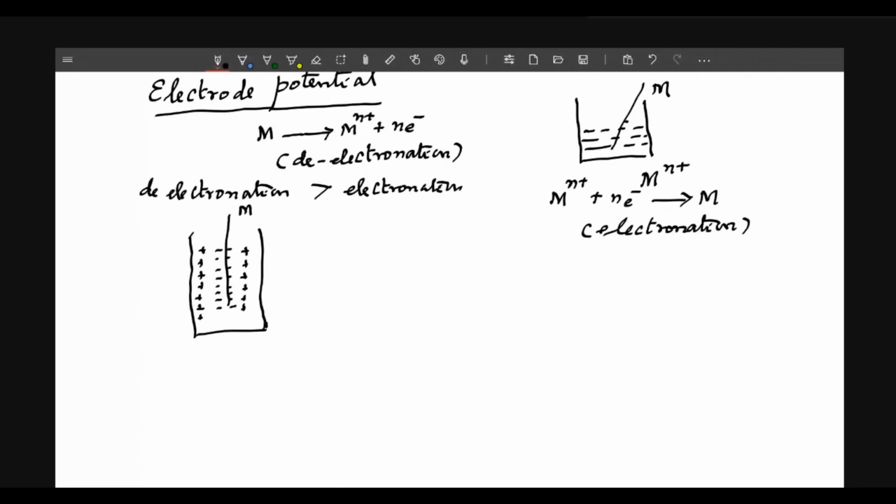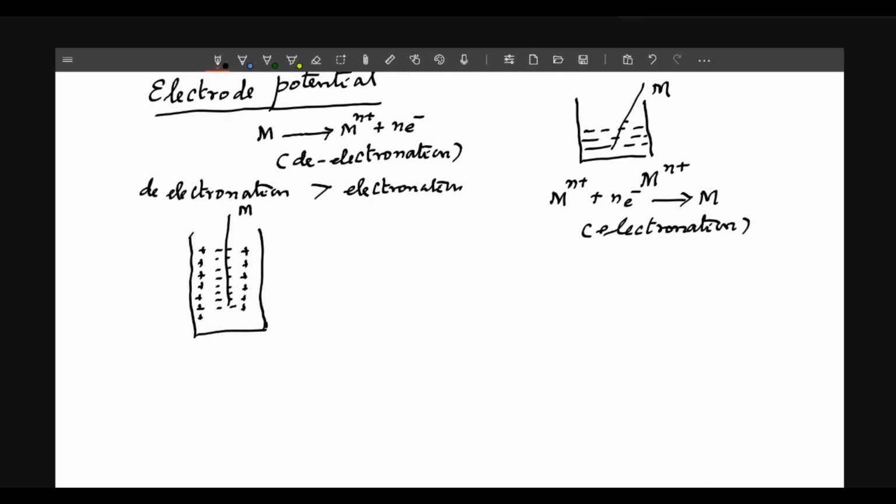Whenever two layers with positive and negative charges are produced, some potential is developed at the junction due to electrostatic attraction. That potential we call the oxidation potential.